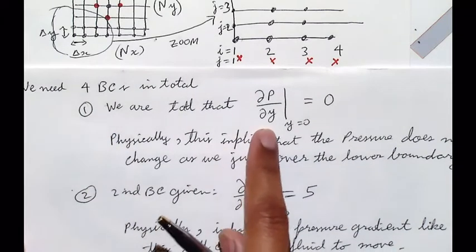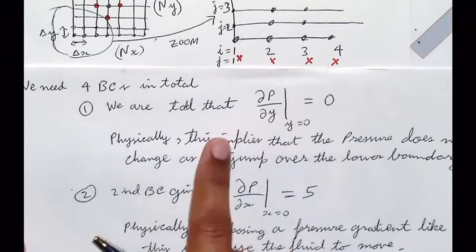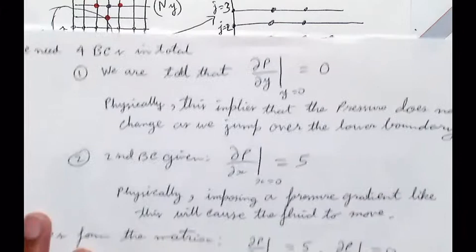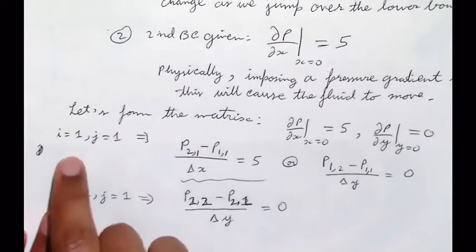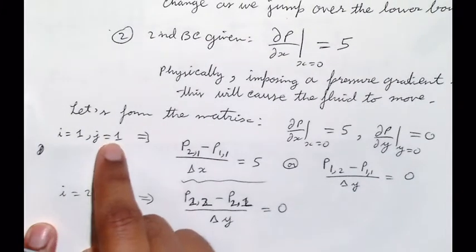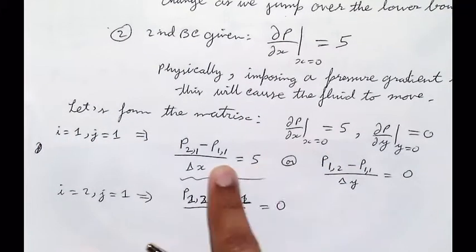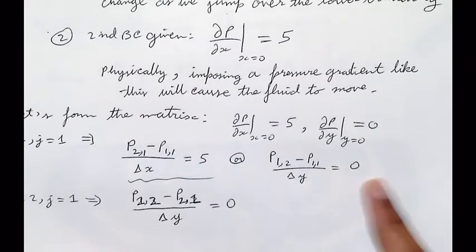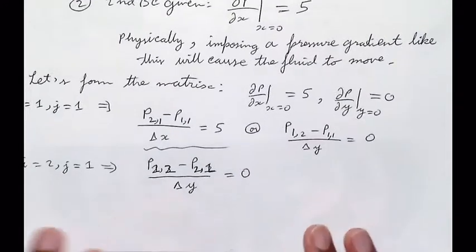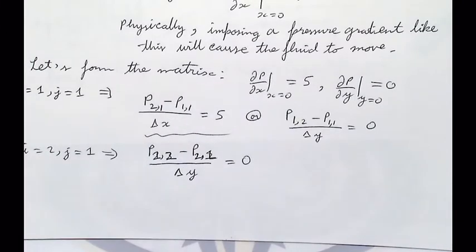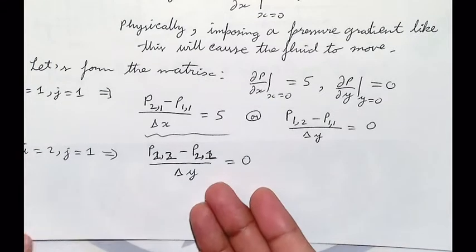We were given a Neumann boundary condition. dp/dy is something, dp/dx is something. Okay. And then we started writing out, okay, for i equal 1, j equal 1, we can either use dp/dx equal the given value or dp/dy equal the given value. You're free to use either one. And for i equal 2, j equal 1, we have the next value. So we can keep going like this, and for all j equal 1 points, we will have something very similar.